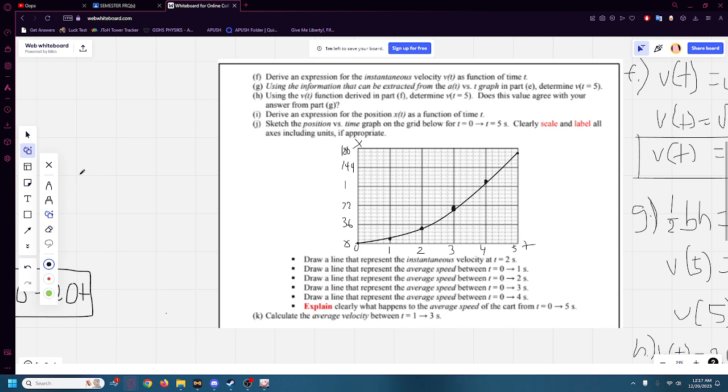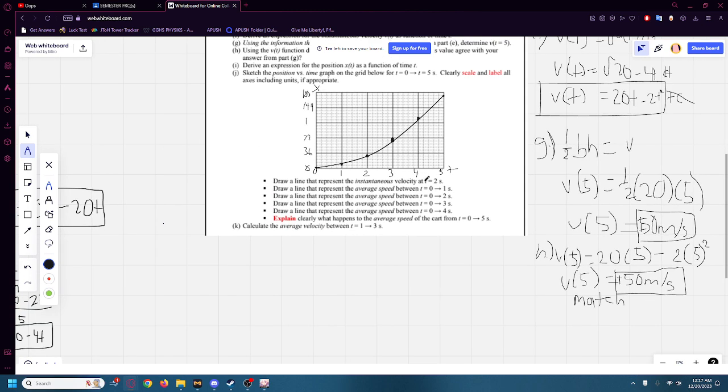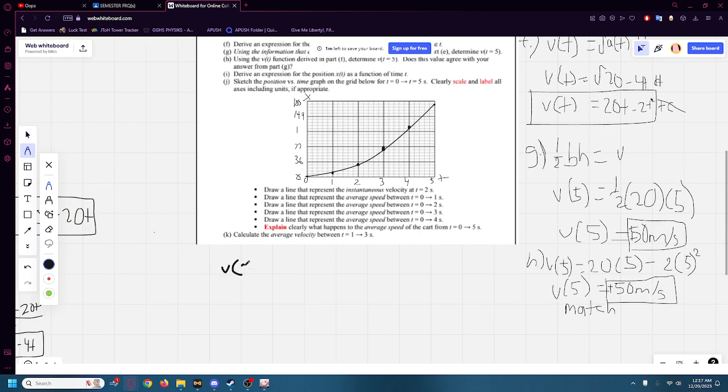So the first part draws an instantaneous line at 2 seconds. So you plug 2 into the v of t function, so v of 2 is equal to 20 times 2 minus 2 times 2 squared, so 40 minus 8 is equal to 32.